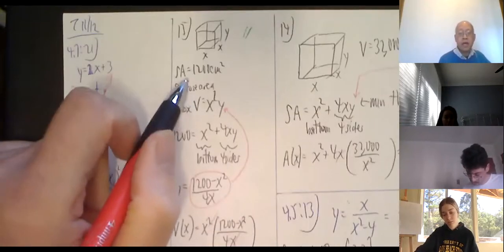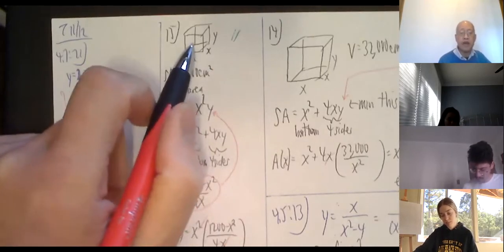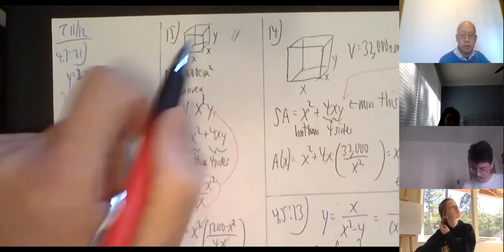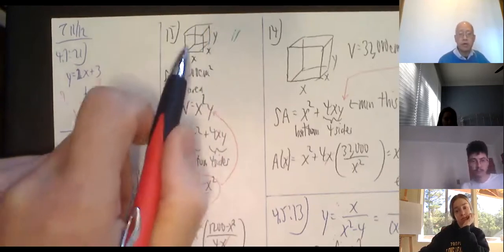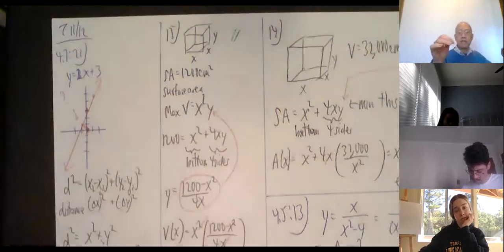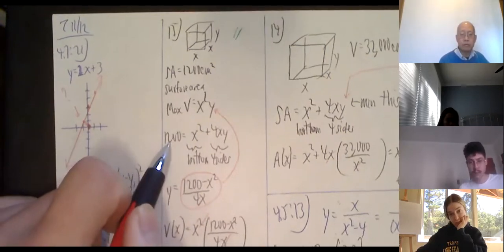And I mentioned yesterday, just like problem 14, you have 5 faces, front and back, left and right, and the bottom, but no top. So the total surface area is 4xy for the 4 sides, the front and the back and the left and the right. And the bottom was x squared. That's equal to 1,200.